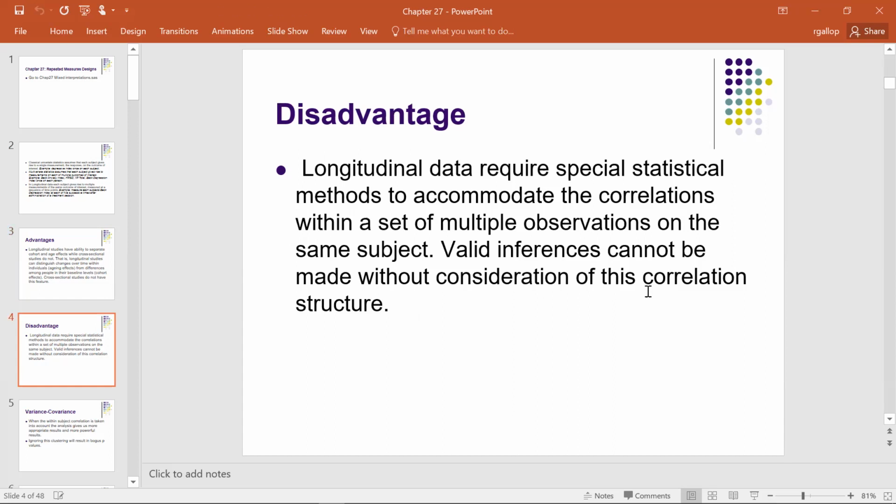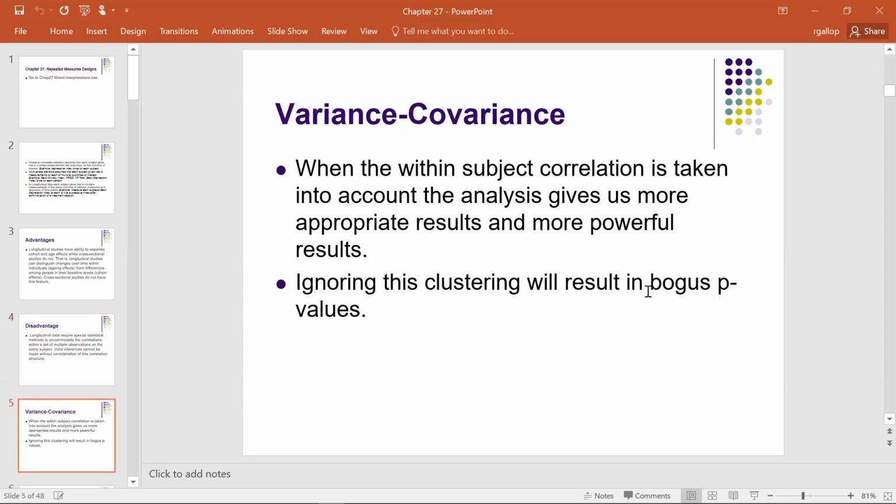The big thing with the longitudinal data is, again, it's going to require us to use statistical methods, because now, like we saw with the random effects model in chapter 25, the data is no longer IID. It's no longer independent and identically distributed. We have the repeated measures within a person. Those repeated measures are correlated. You're dealing with the same person.